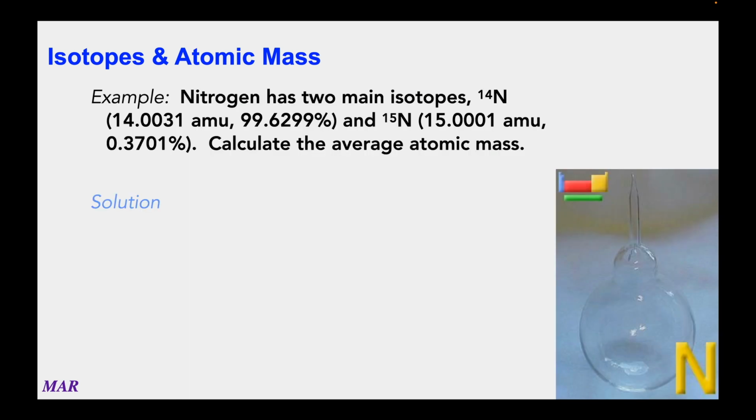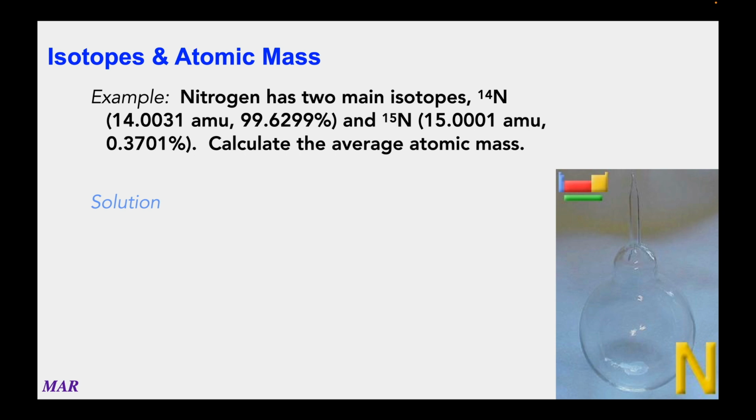Here's another problem. We had nitrogen has two main isotopes, nitrogen 14 and nitrogen 15. Notice the abundance. The one is almost 100, but not quite 100%. The other one is almost, but not quite 0. It's barely 0.5%. And it says calculate the average atomic mass. So again, what you do is take that AMU mass and multiply it by the percentage divided by 100.